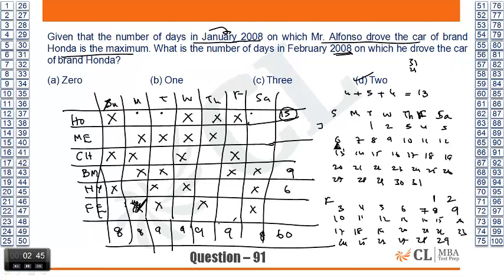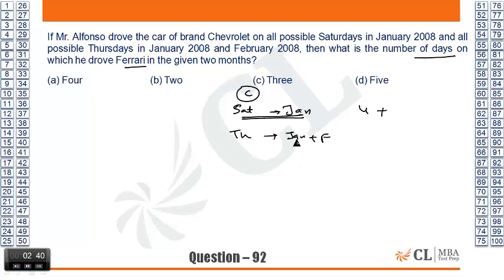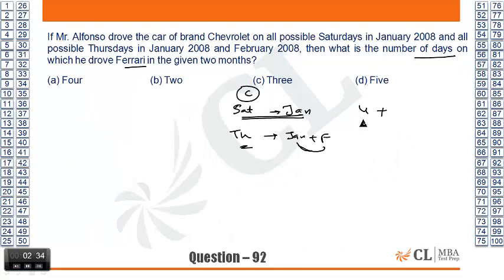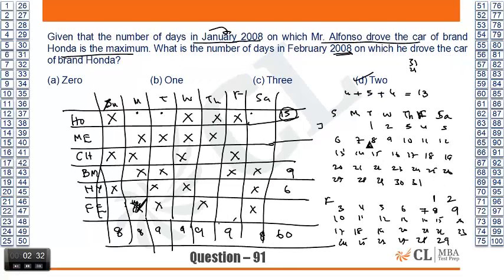There are 4 Saturdays in January, and 9 Thursdays in January plus February, which means 4 plus 9 is 13. Chevrolet drove 13, so Nestle has to be 14 because they are in ascending order. So 15 plus 14 is 29, plus 9 is 51, plus 6 is 57, what's left is 3: Ferrari 3.